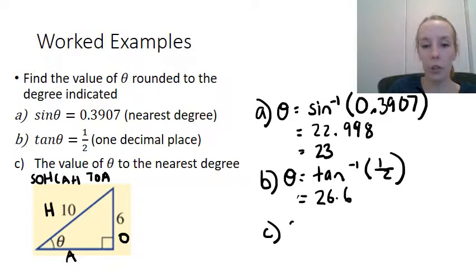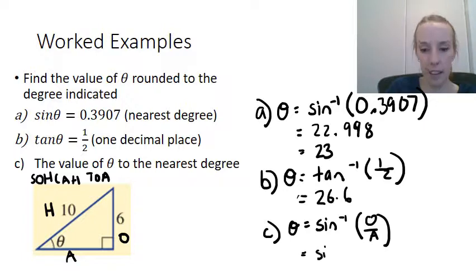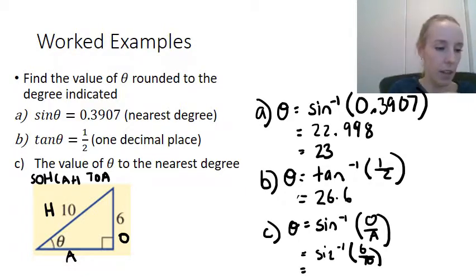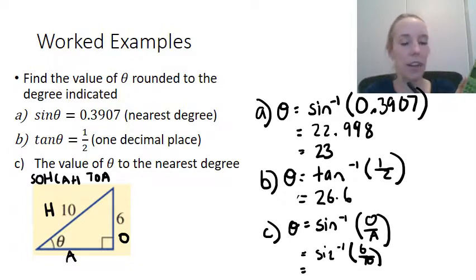To work out the angle, the angle equals sine to the -1 of the opposite side over the hypotenuse. Sine to the -1 of 6 over 10. You can type that into your calculator: second function again, then sine.